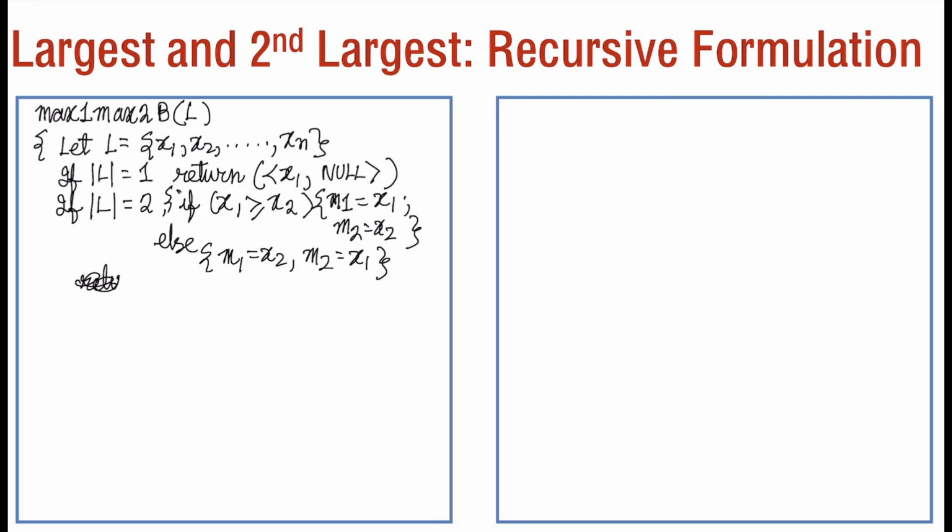So here we put this whole thing in a bracket. If this is the case, then we put all this and we return m1, m2. If this is not the case, that means it is the general recursive condition. That means it is the else part.